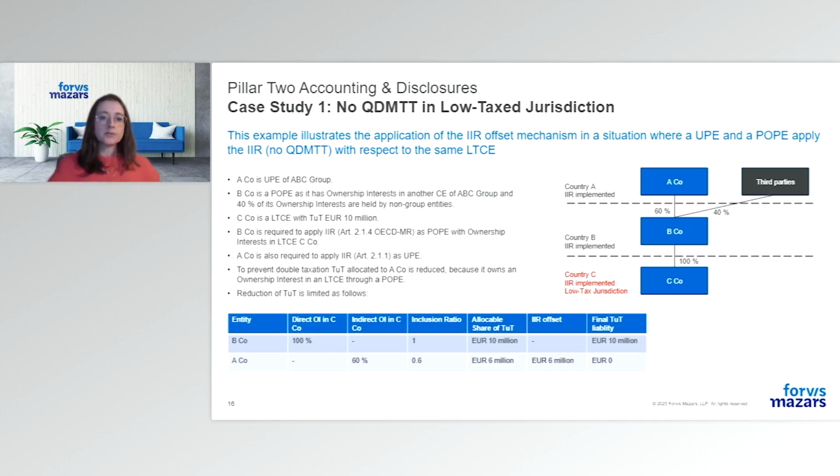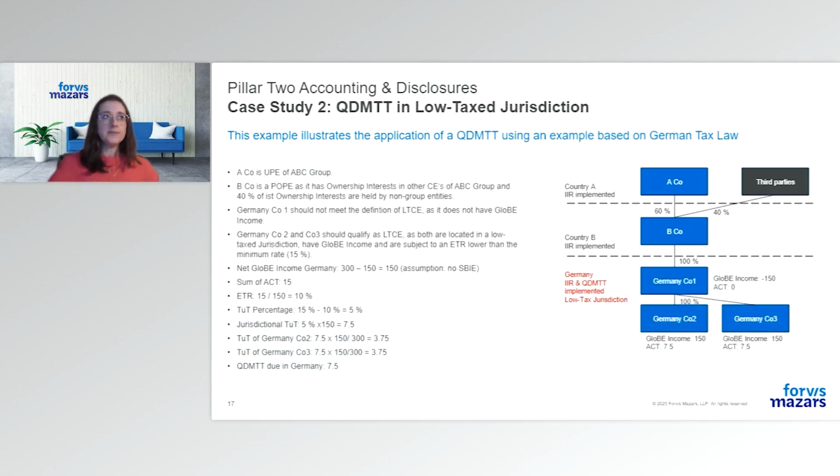Let's move on to the next case, where we have the QDMTT. It's basically almost the same example, where we have ACO in country A, we have third-party interests, and we have BCO in country B. BCO is still the POPE of the group, and then we have not country C, but Germany in this case.